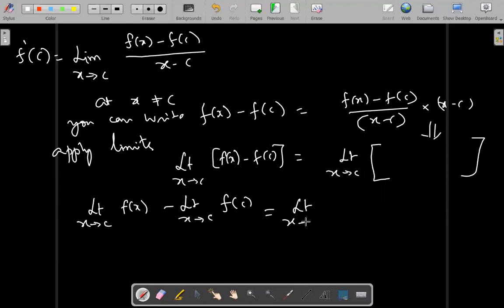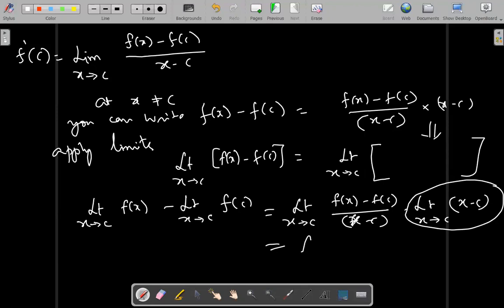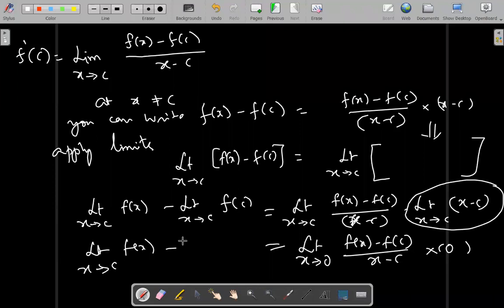That means he takes the limit for the first one, f of x minus f of c divided by x minus c, multiplied by limit x tends to c of x minus c. He has distributed limit for both the things. So the second part becomes 0. So that is equal to limit x tends to c of f of x minus f of c divided by x minus c into 0. This is equal to this, limit x tends to c f of x minus limit x tends to c f of c.